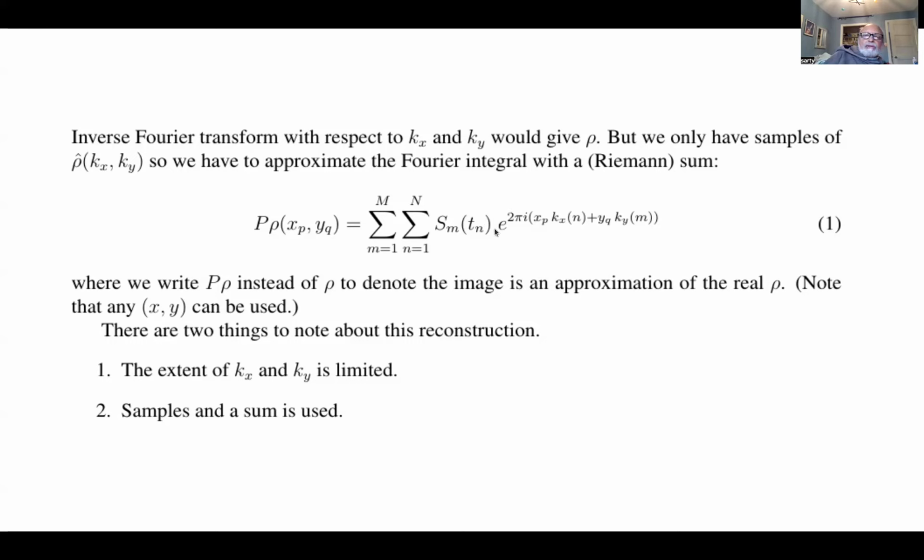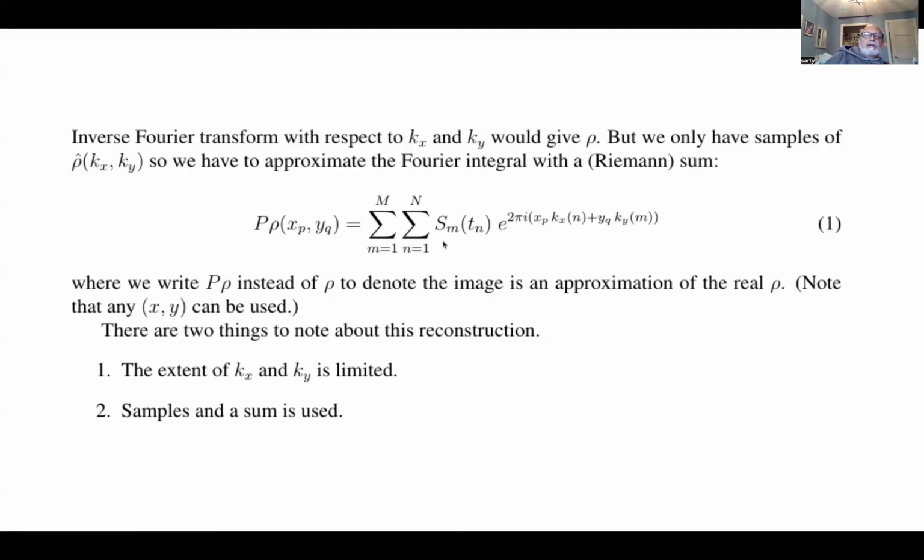So remember, just to recap, we got the M different signals from changing the GY gradient, different values of GY gradient with each TR. We got the N different points through our ADC sampling with each one of those TRs. So we have M times N. Usually we set these to be equal to each other, say M and N equal to 256 each to get a 256 by 256 image.